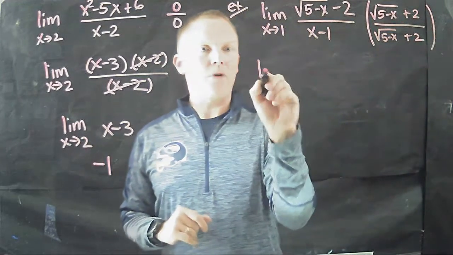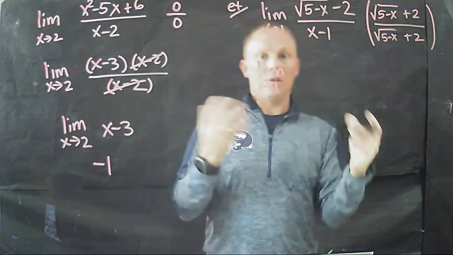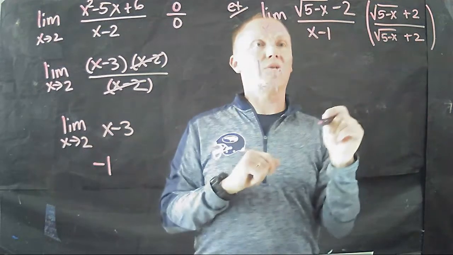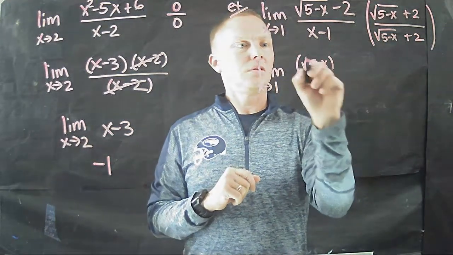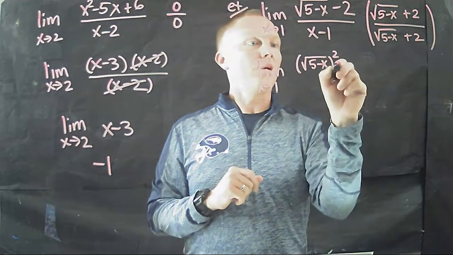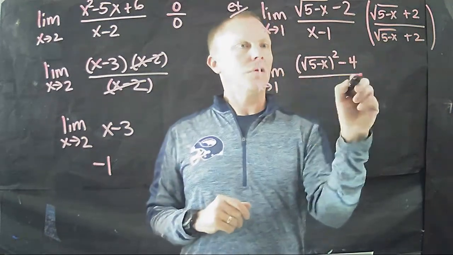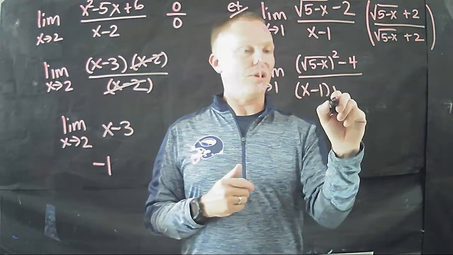And so when I multiply those, a plus b times a minus b is a squared minus b squared. So it's going to be radical 5 minus x squared minus 2 squared, which is 4. And then that denominator, I don't even want to think about what that looks like.